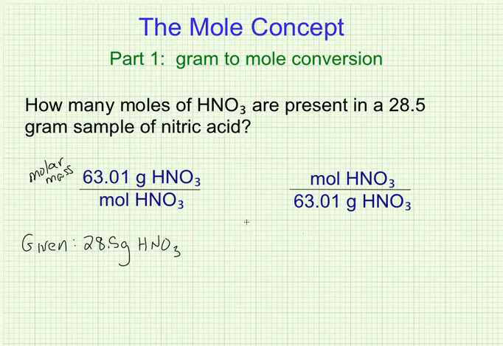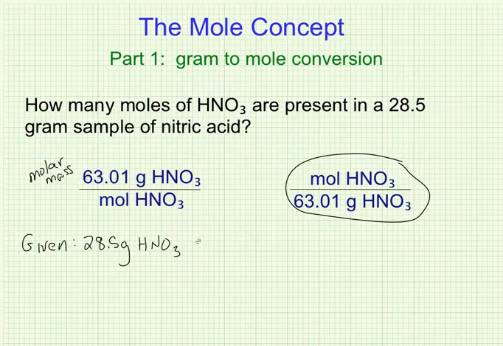Now in this case, I want to end up with moles of nitric acid. So I have to have moles of nitric acid in the numerator, and I'm trying to get rid of the grams, so I want grams in the denominator, which means we're going to use this for our conversion factor. So I start with what I'm given, and then I'm going to multiply it by the conversion factor.